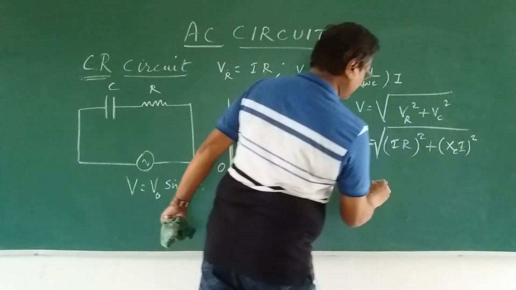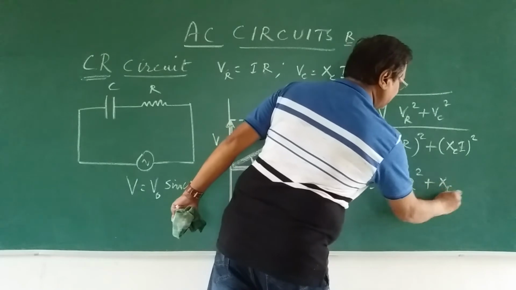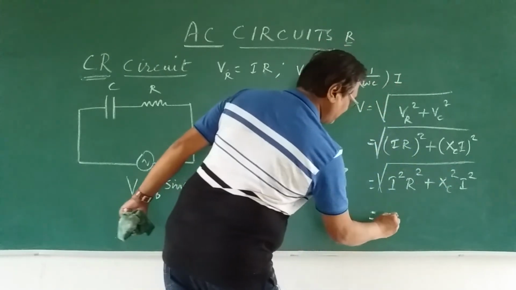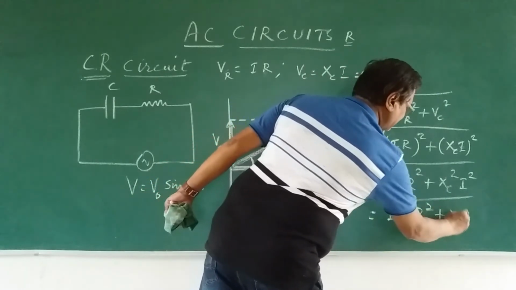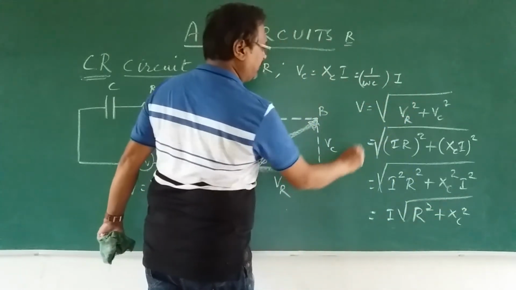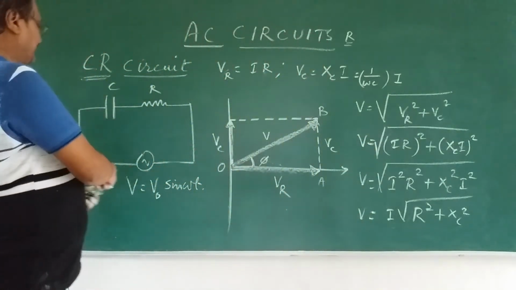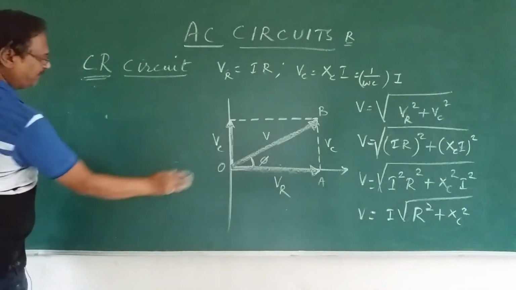That is equal to I square R square plus XC square I square under root, which is equal to I into under root R square plus XC square. Let me erase this part now and continue that derivation.